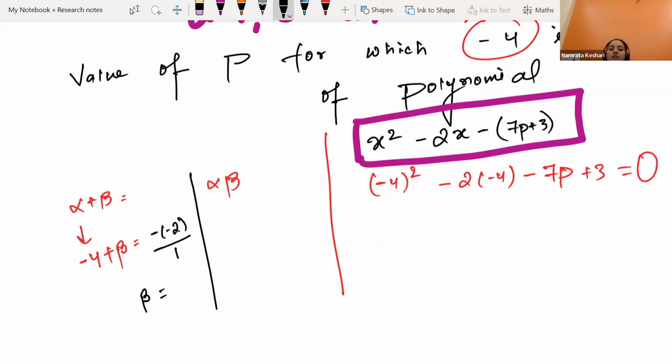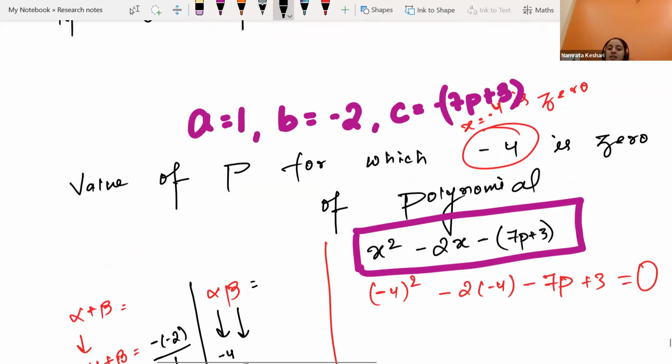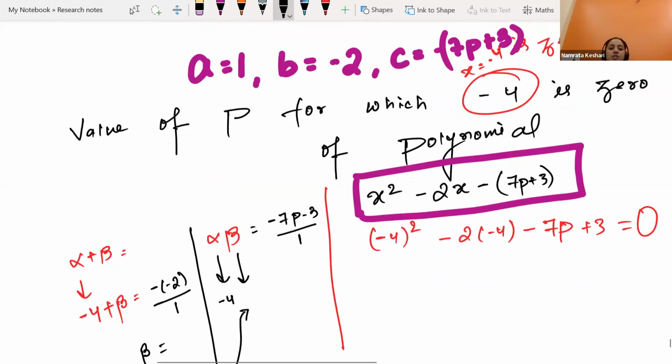Then beta and alpha, one of the roots is minus 4, another beta we get from here, which we can substitute. And then product of the roots formula is C by A. C is minus 7p minus 3, and A is 1. So from here also we are able to find the value of p. Can you see?